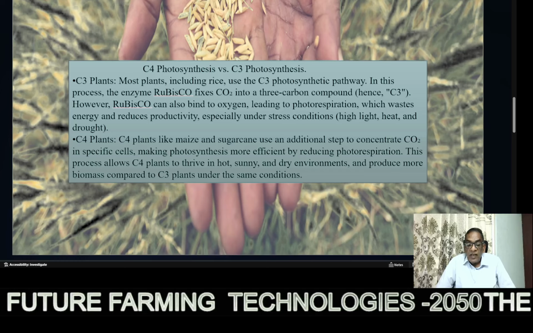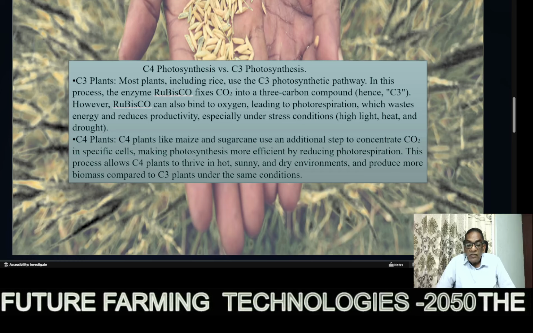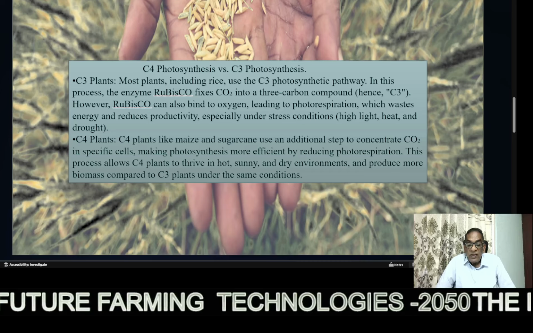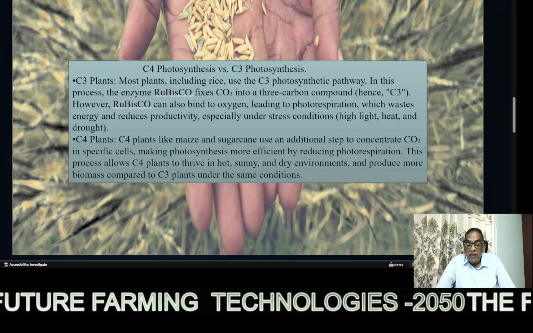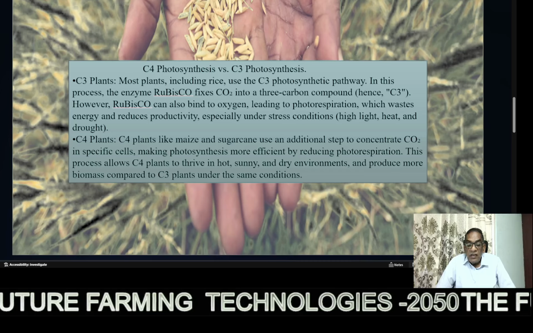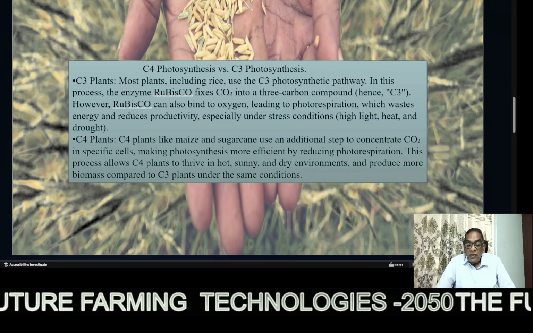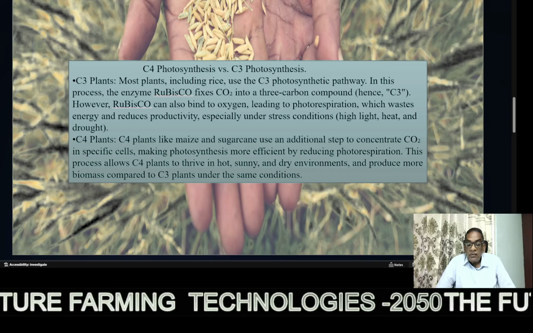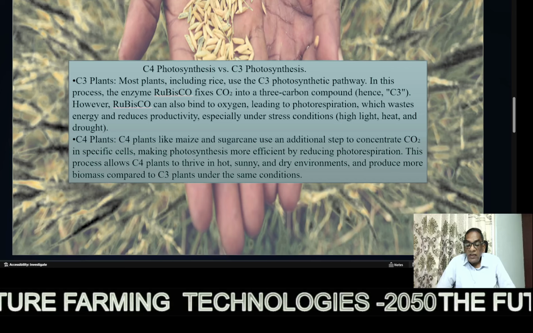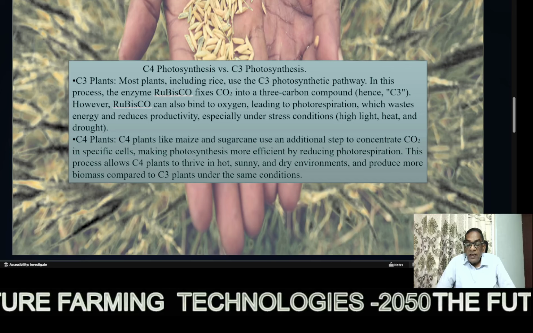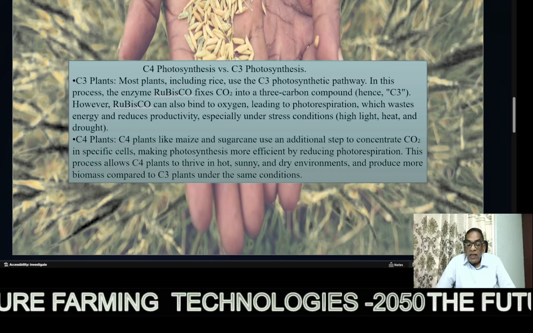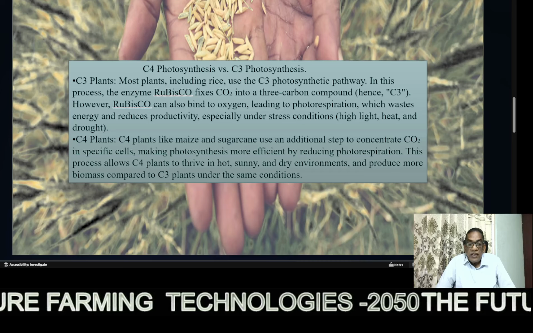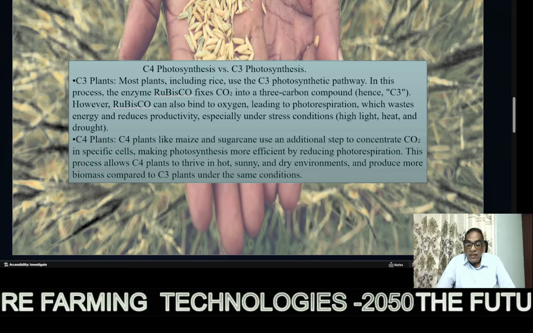So C3 will be very inefficient, and in C3 photosynthesis there will be so much energy waste.